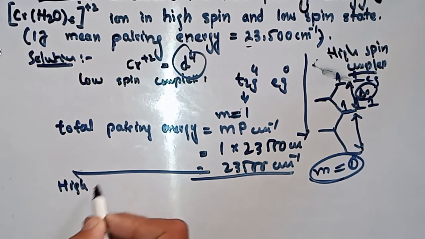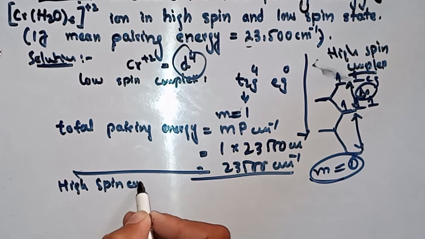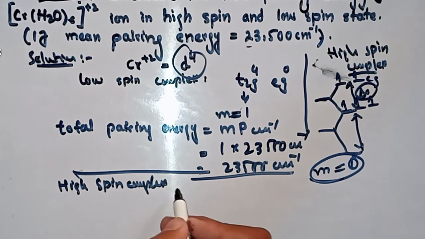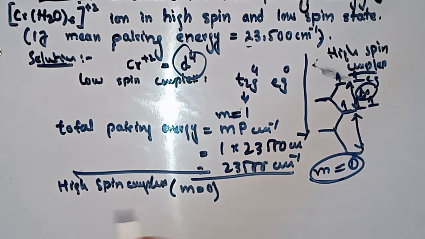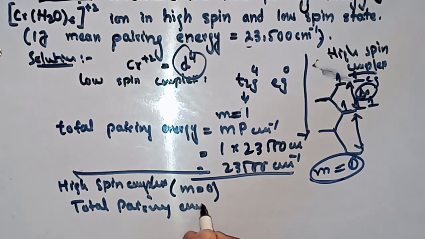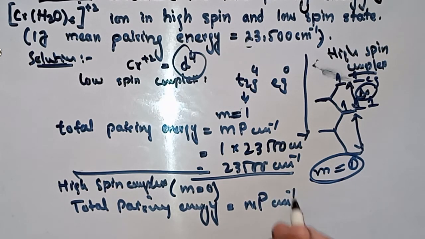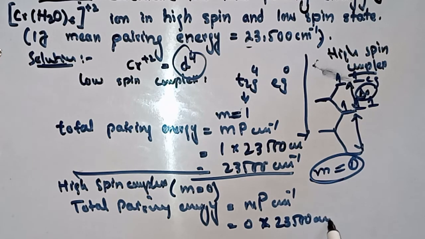For the high spin complex, where m is equal to 0, the total pairing energy is equal to mp cm⁻¹, where m is equal to 0 and p is equal to 23,500 cm⁻¹.